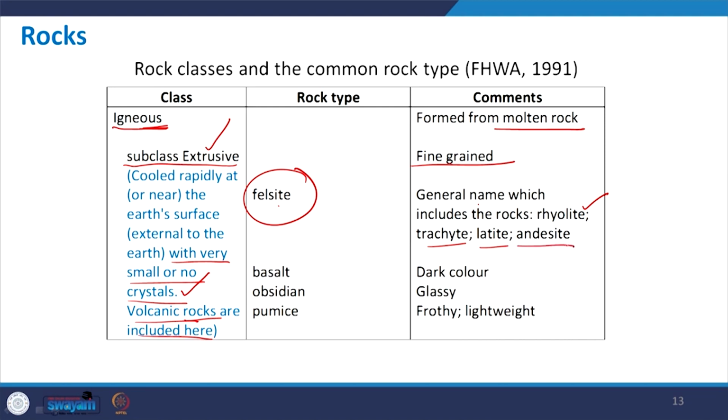The other category is basalt, which is of dark color, obsidian, glassy, and pumice, frothy and lightweight. You should be able to identify this pumice, which we use in the household also. Pumice stone is the same thing.